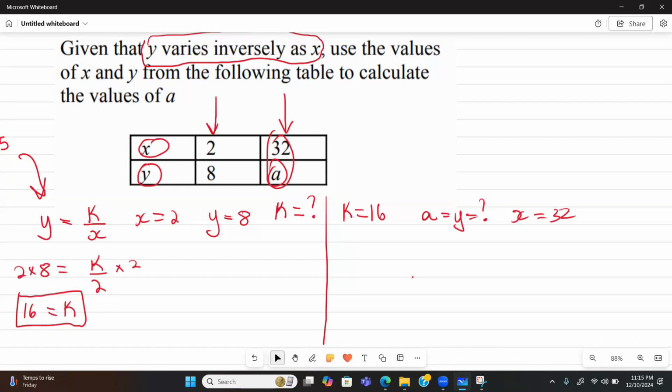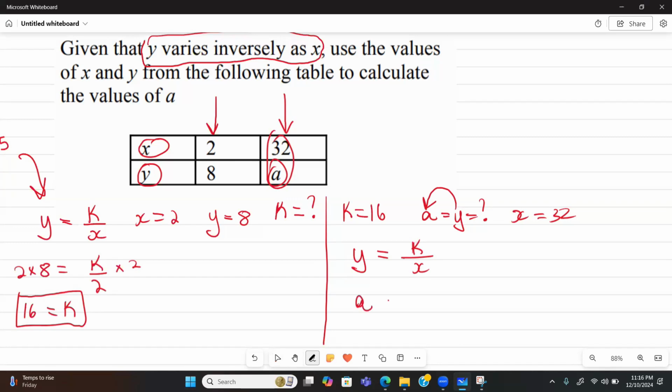So when y becomes A, x is 32. We're in search of y. So let's write the formula. y is equal to k over x. I'm going to replace the y with A because we're in search of the letter A, which is a y value. So I'm going to put it right here.